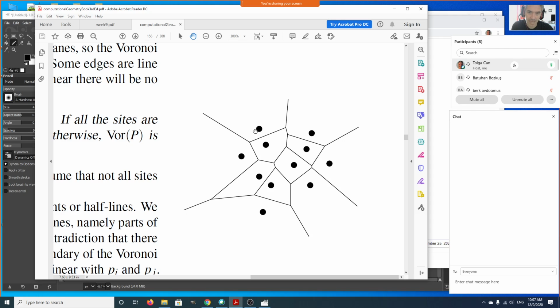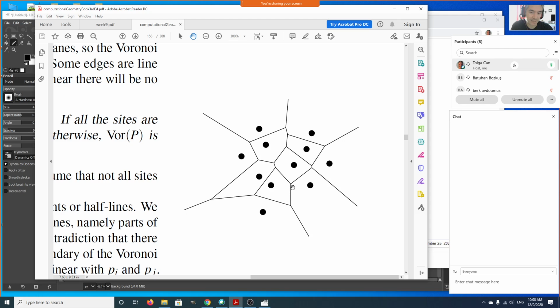If you're given n sites, n points, the Voronoi diagram will have n faces because we have a cell for each site. Now, how many vertices or edges is it going to have? What's its complexity? Can it be quadratic, the number of edges or vertices? And how would the edges look like, or the vertices?